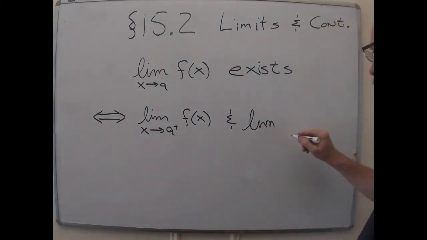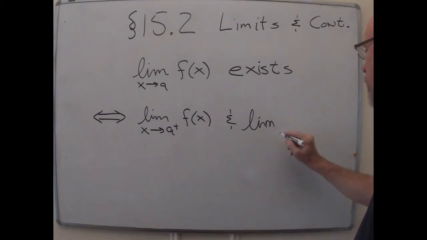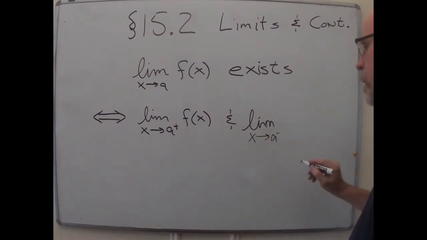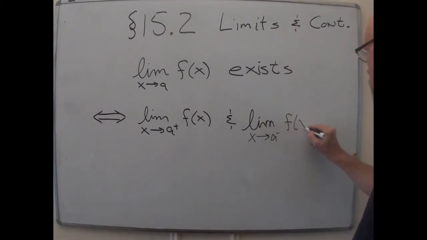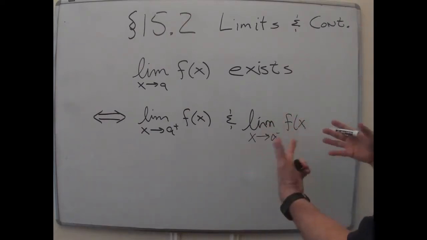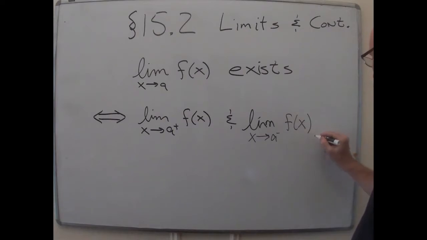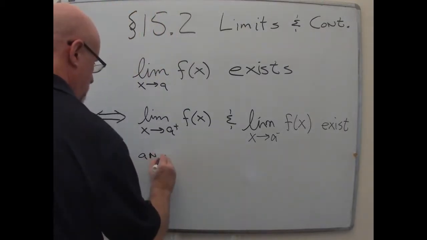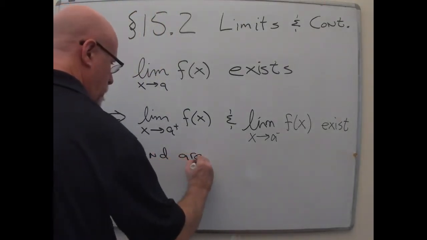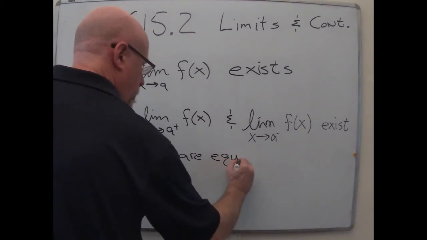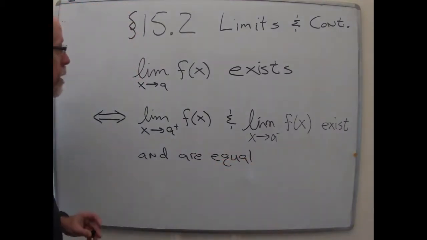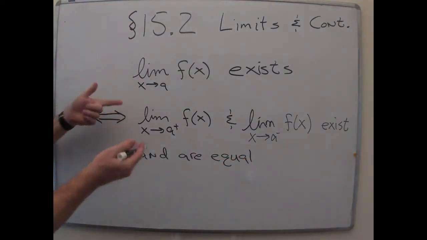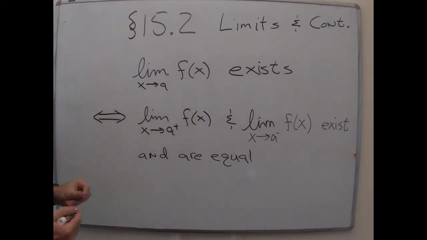Okay, it's a funky looking limit, but I'm not going to fix it. Limit as x goes to a from below of f of x. If those both exist and if they're equal, that's what you needed to know that the limit, just without any decorations on it, exists.